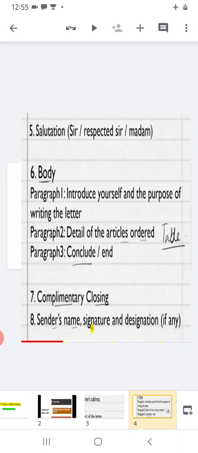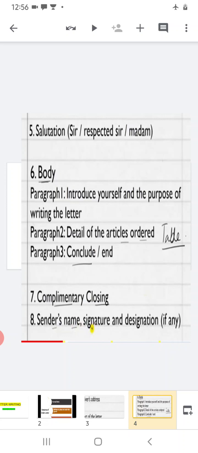Then after para 3, leave a line again and write down point number 7, that is the complimentary closing. Waiting for an early delivery, waiting for a prompt action, such things can be written here. Then point 8 is your sender's name, signature and designation.